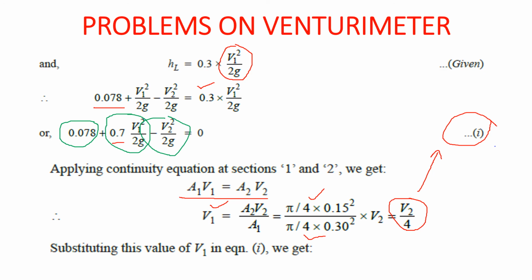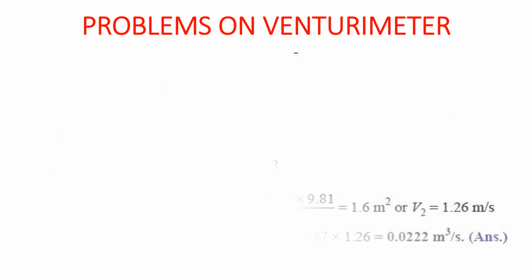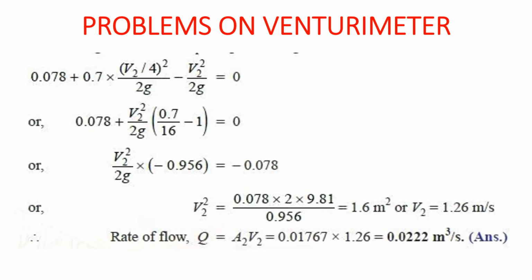We are inputting the value of V1 equal to V2 by 4 in this equation number 1. So therefore, the final part of this problem: 0.078 plus 0.7 into, here it is V1 square, so V2 by 4 square divided by 2G, minus V2 square by 2G is equal to 0.